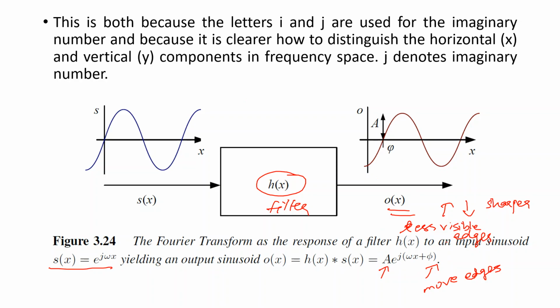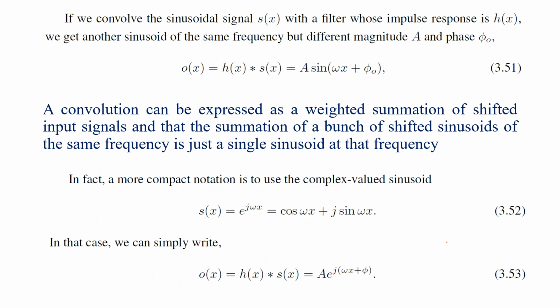The next one is the sinusoid S of x. We know that the sinusoid S of x equal to sine of omega x, the sum of multiple sinusoids of the same frequency, is still a sinusoid at that frequency, but with different amplitude and phase.